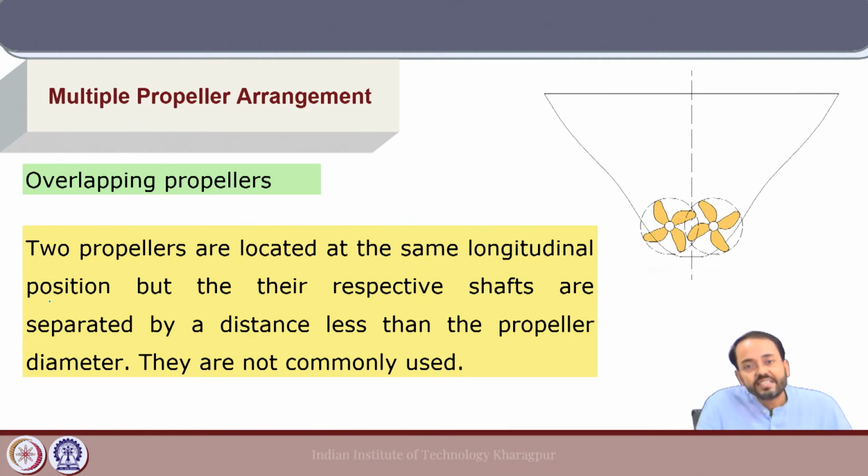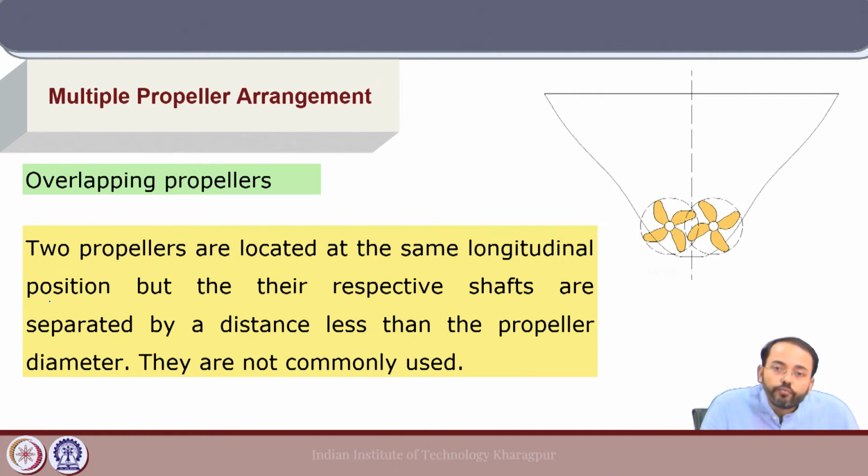Now, this is slightly different from a standard twin screw propulsion system, where we have a port propeller and a starboard propeller rotating in opposite directions. Here, for overlapping propellers, the port and starboard propellers are very close to each other and they have a certain overlap in their rotational path, and the blades are positioned in such a way that they can operate together.